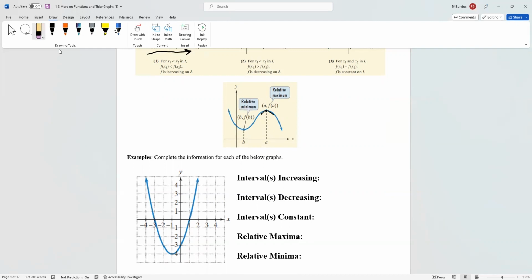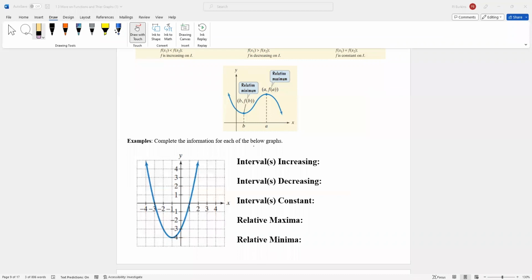Another thing you might note about minimum and maximum is when we're talking about increasing and decreasing. If we look at this function, this one is decreasing up to the minimum in this case, and then it begins to increase from then on. So those points sometimes happen at a change from increasing to decreasing.